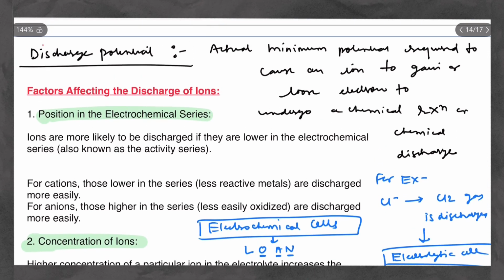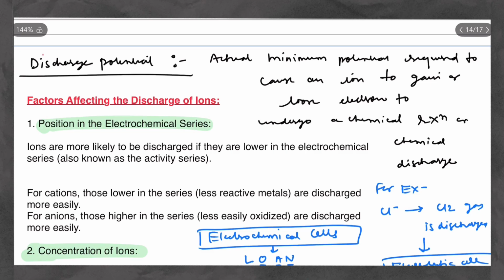Now moving back to our concept, discharge potential. Why is it different from the electrochemical series? Because we have some similarities: in the electrochemical series we are calculating the reduction potential of that element or electrode.